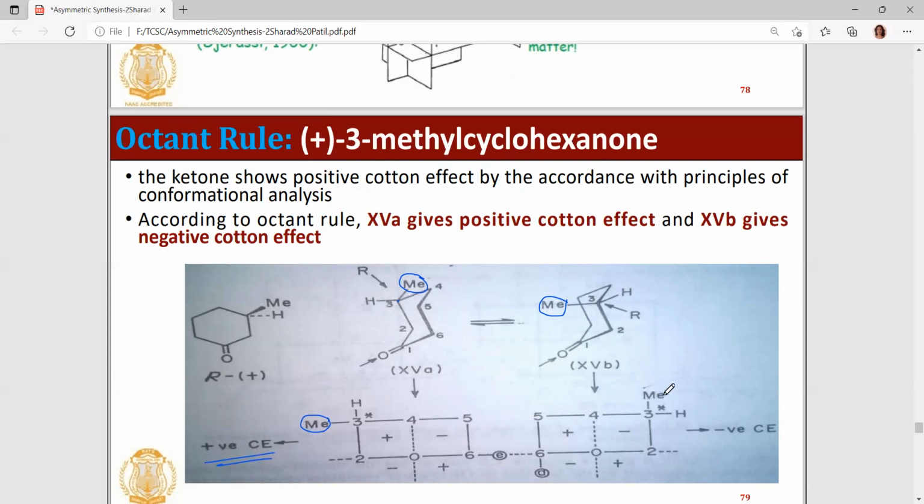And when methyl is at the axial position, here is axial, right? This is axial and this is equatorial, right? So when the axial position is there, there will be a negative Cotton effect, and here is a positive Cotton effect. Okay, so this is one example.